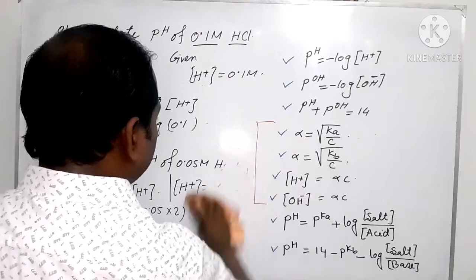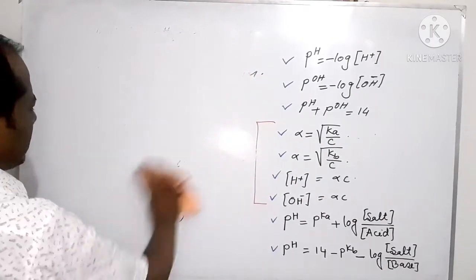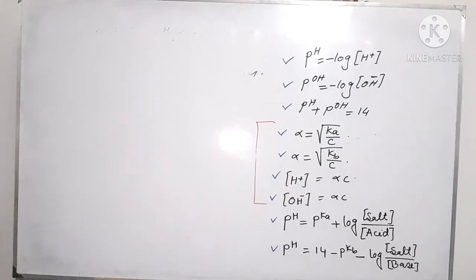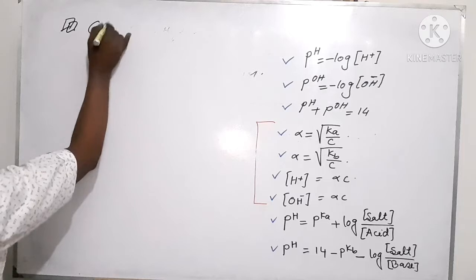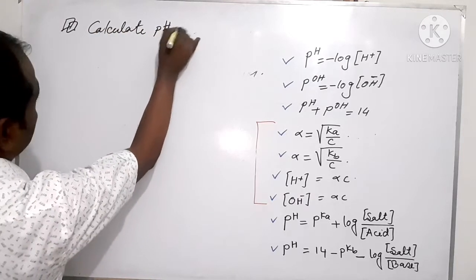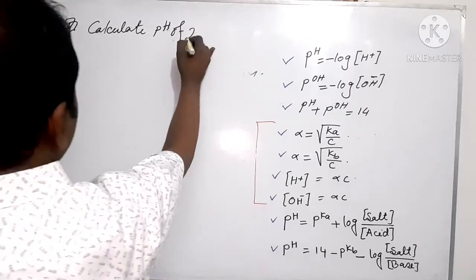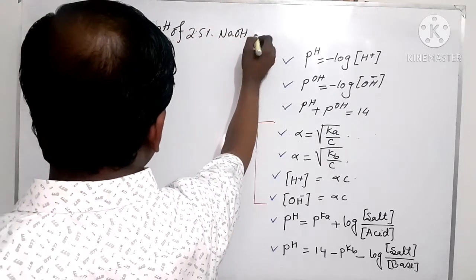And our next mathematical problem is calculate the pH of 2.5% sodium hydroxide solution.